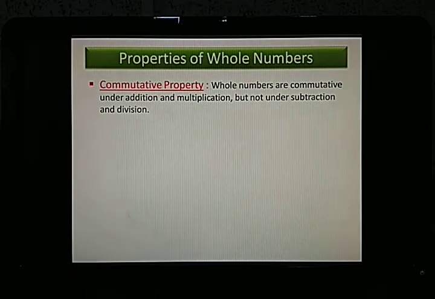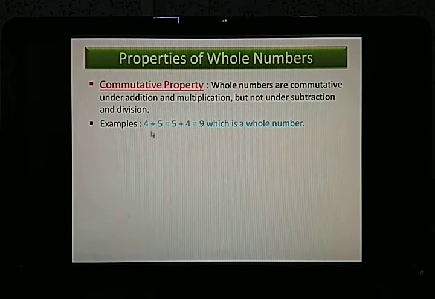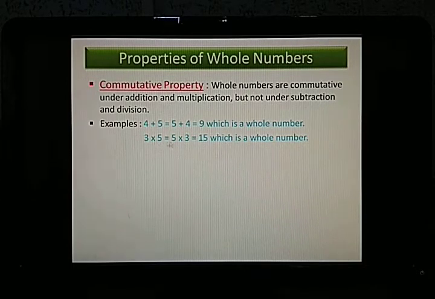It will be clear if you see an example. You can see here 4 plus 5, this is one order, and when we reverse the order, 5 plus 4, the result is the same, and it is a whole number. Similarly, in the case of multiplication also, we get a whole number.